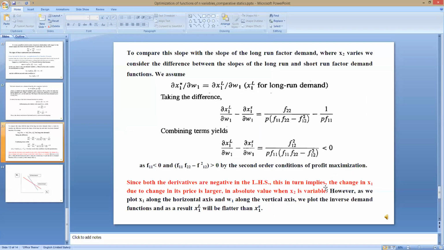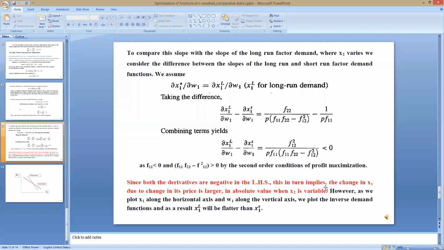Now the question is, though both the curves are negatively sloped, their slopes are not identical. There is a difference between their slopes. We want to check which one will be steeper and which one will be flatter, whether the long run demand will be more elastic or whether the short run demand will be more elastic.